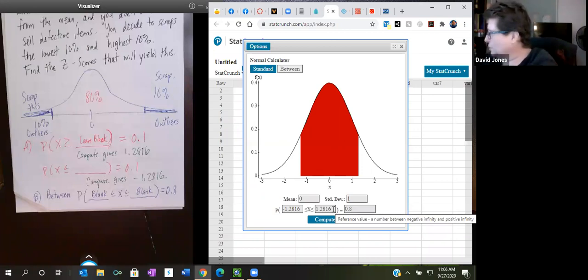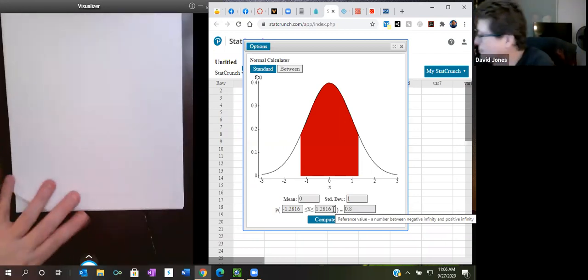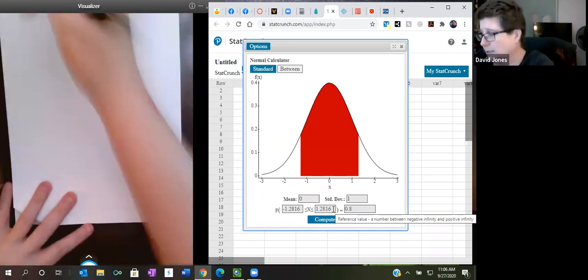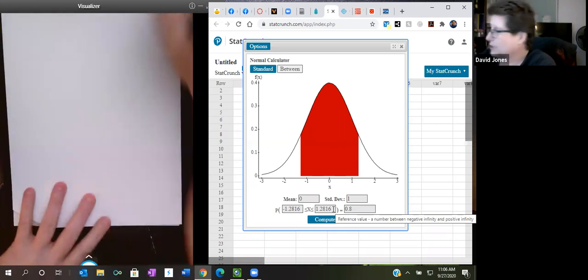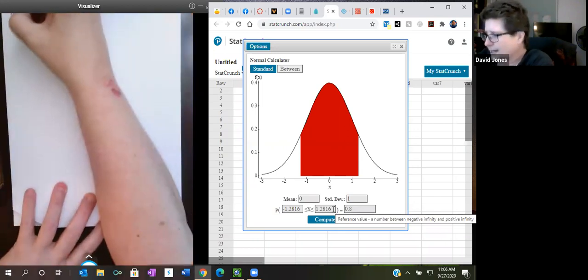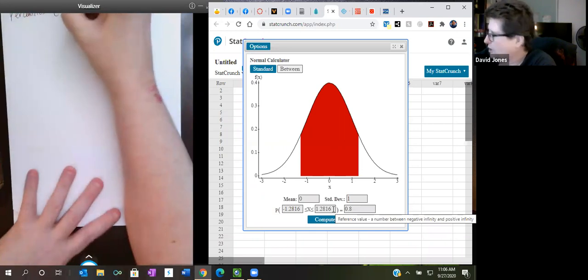Let's use a few more examples. Let's talk about percentiles and the GRE. We talked about percentiles before, back in the box plot and quartile section. Percentiles, and in particular, GRE scores.